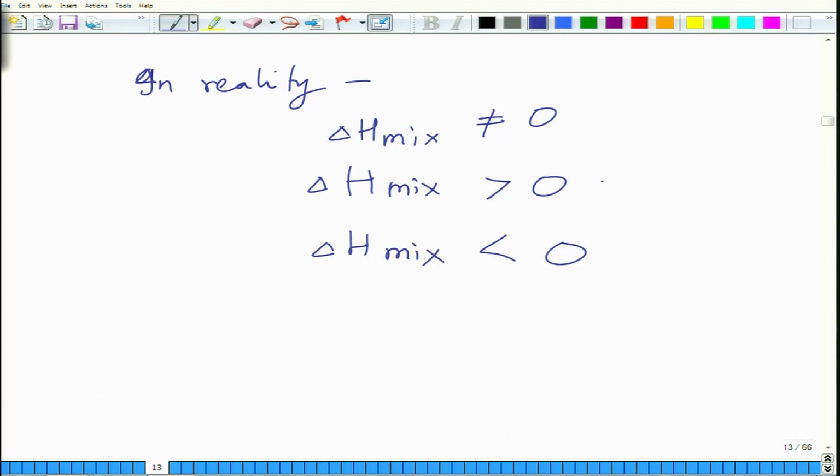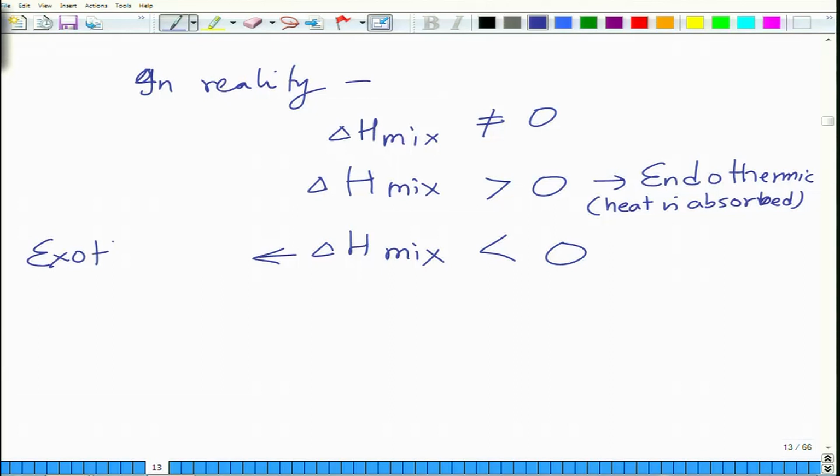When you have delta H mixing greater than 0, the process of making the solid solution undergoes a reaction which is endothermic, which means heat is absorbed. If it is less than 0, then we call it exothermic, which means heat is evolved.